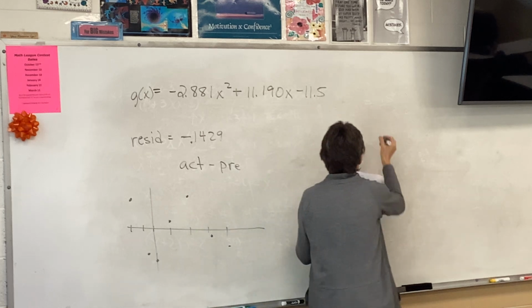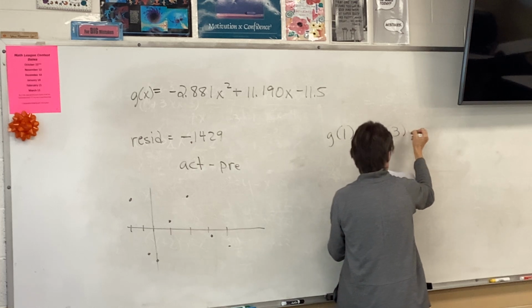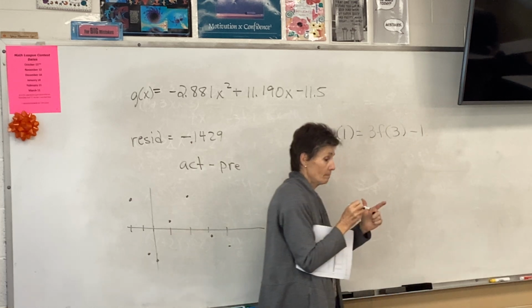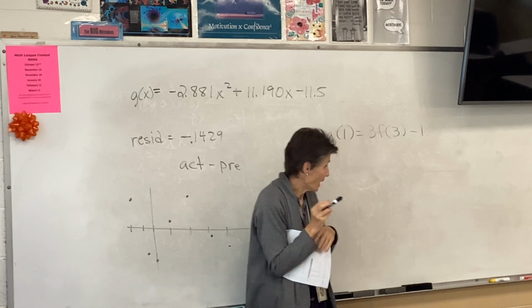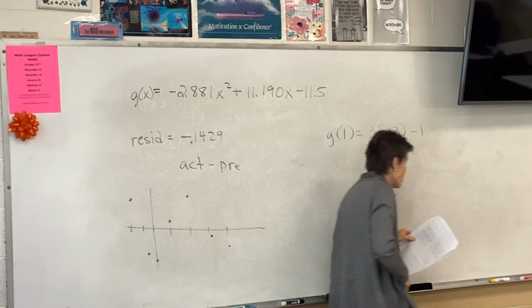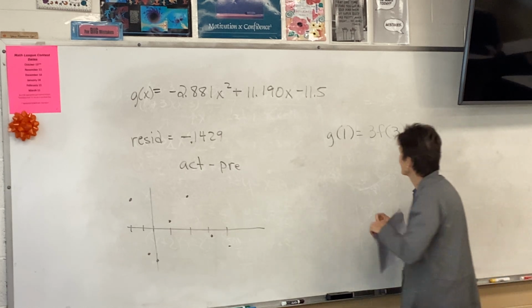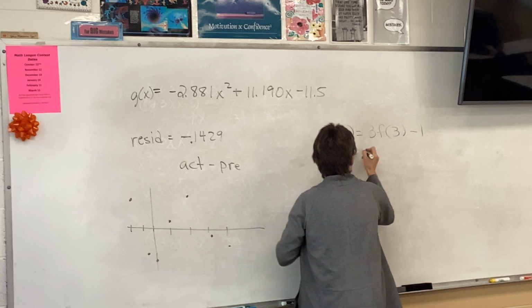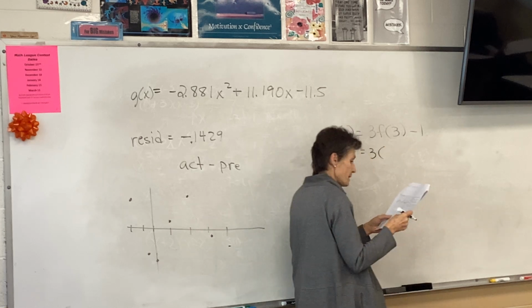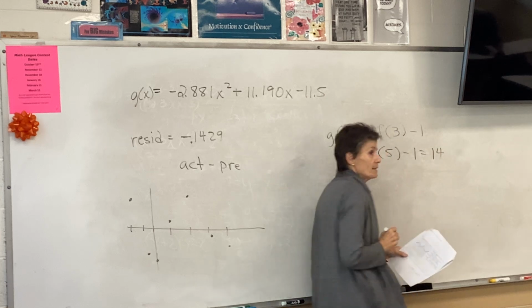So what does it say? 3f of 3 minus 1, if I plug in 1. And then I should be able to look at my chart. Do I know what f of 3 is? I surely do. F of 3 is 5. So the answer to the problem is 14.